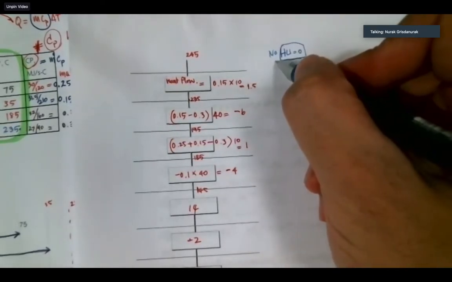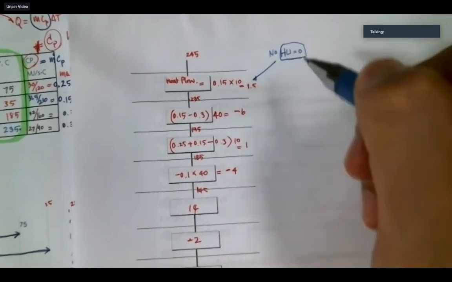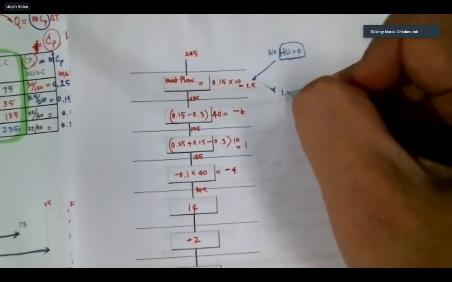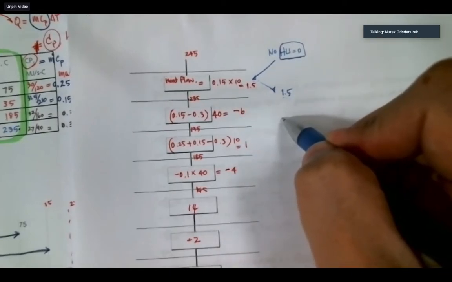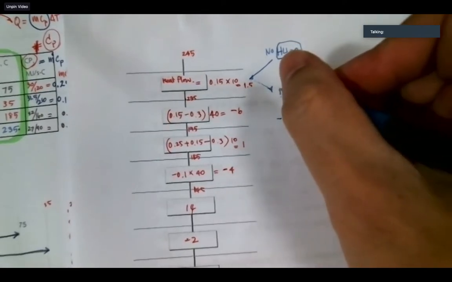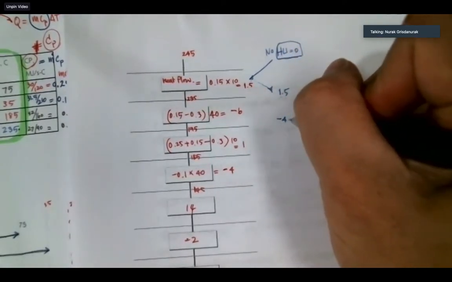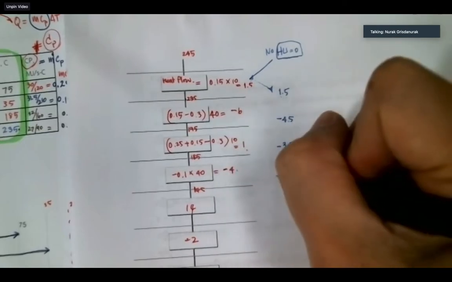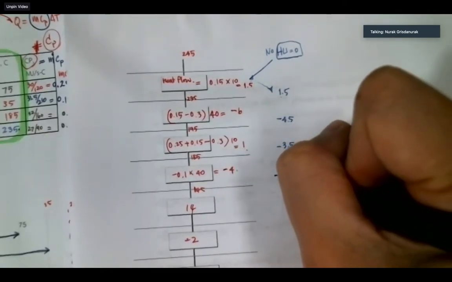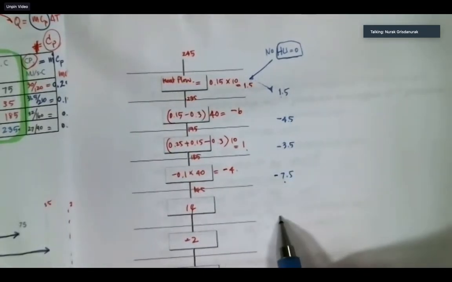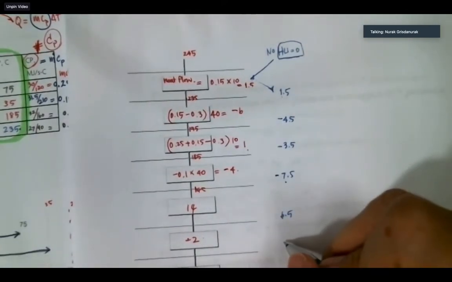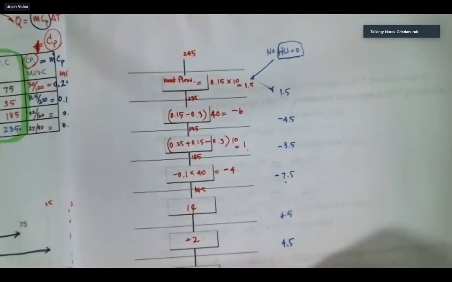Then you combine that to get the value, เอามาบวกกันนะ กลายเป็นเท่าไหร่ฮะ 1.5, อันนี้บวกนี้กลายเป็นลบ 4.5, ลบ 4 อันนี้บวกนี้กลายเป็นลบ 3.5, อันนี้บวกนี้กลายเป็น minus 7.5, then by this become minus 6.5, from here to there become minus 4.5, from there to this value become minus 2.5.